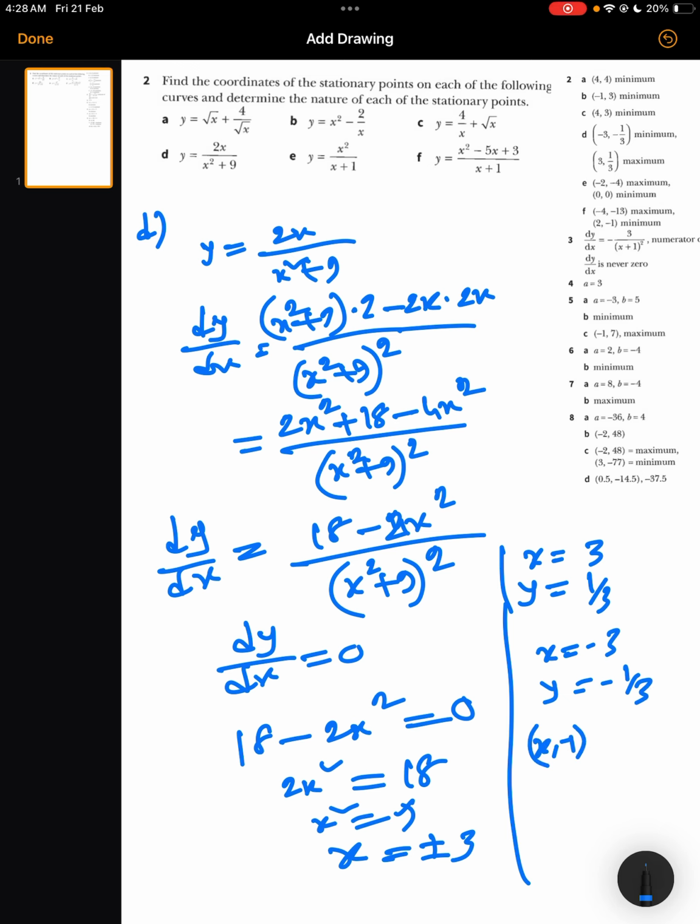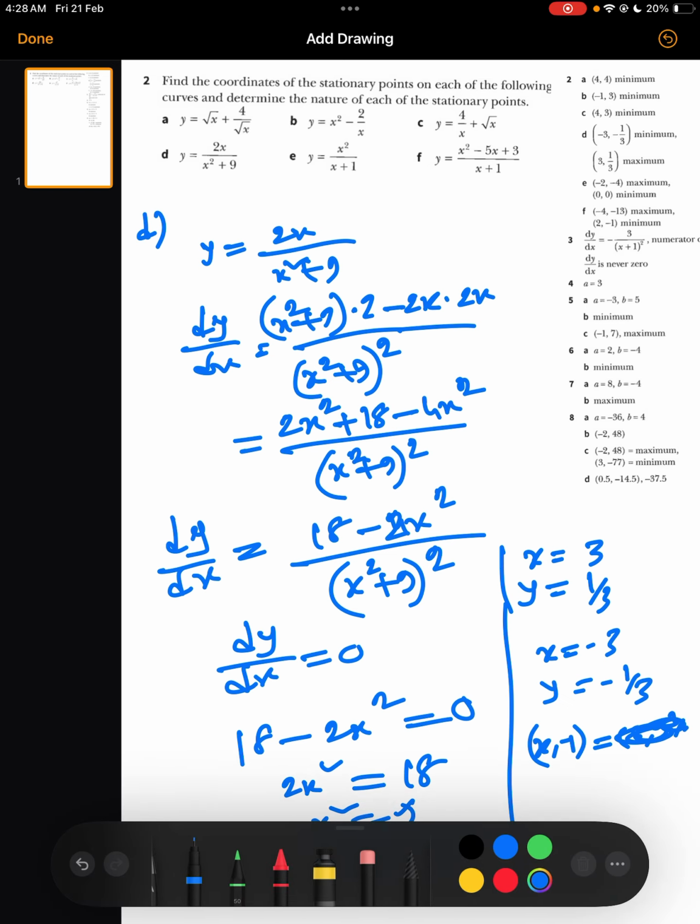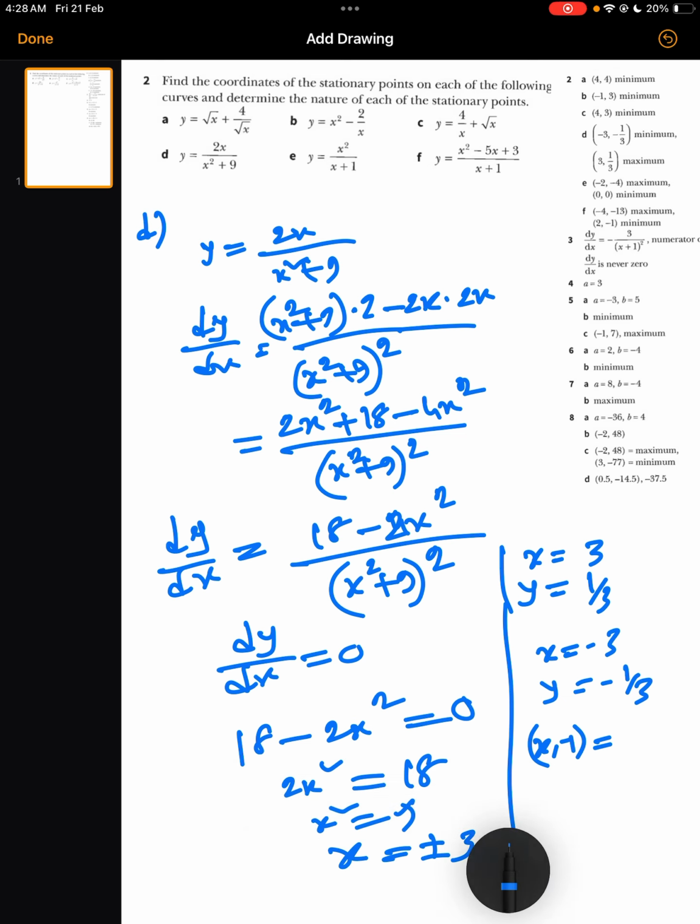So the points are (3, 1 by 3) and (minus 3, minus 1 by 3).